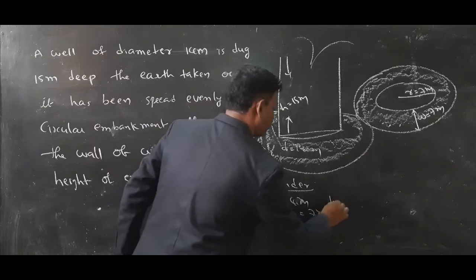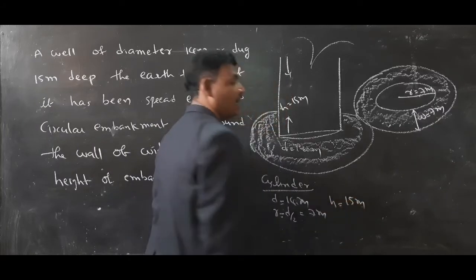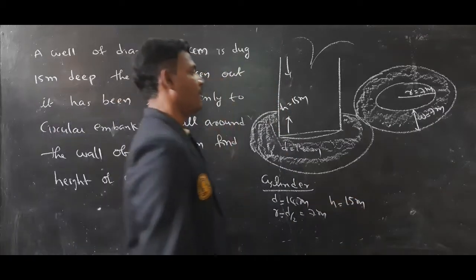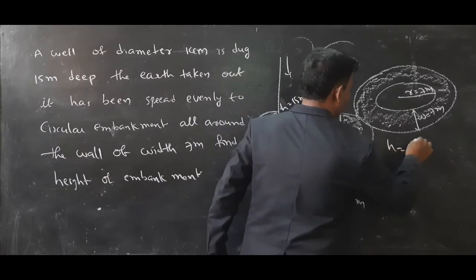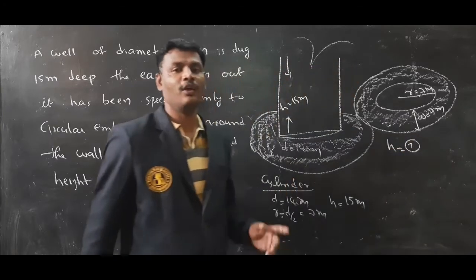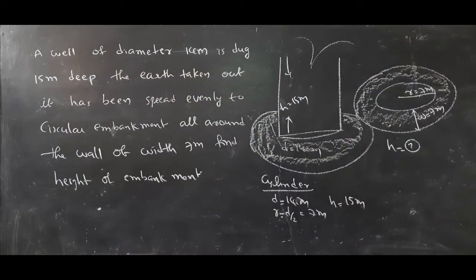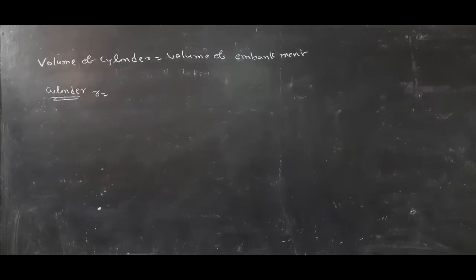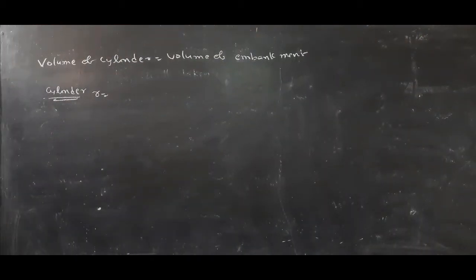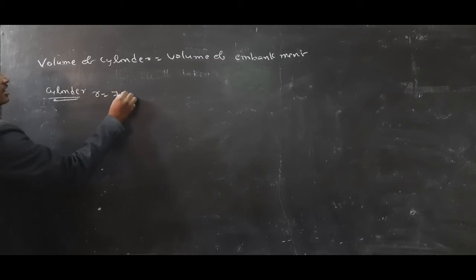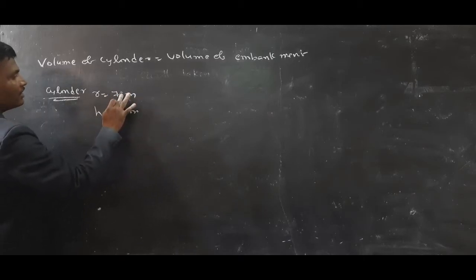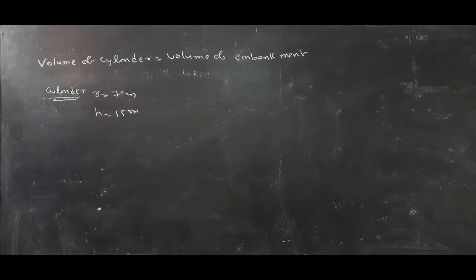Next, the height of the cylinder is 15 meters. Here I don't know the height of that embankment. You have to find the height of that embankment. The radius of the cylinder is 7 meters and the height of the cylinder is 15 meters.